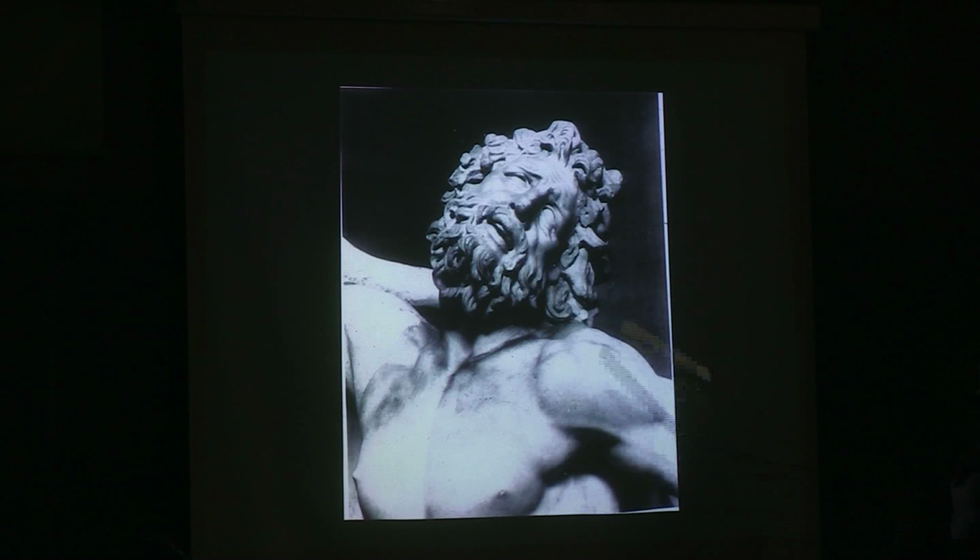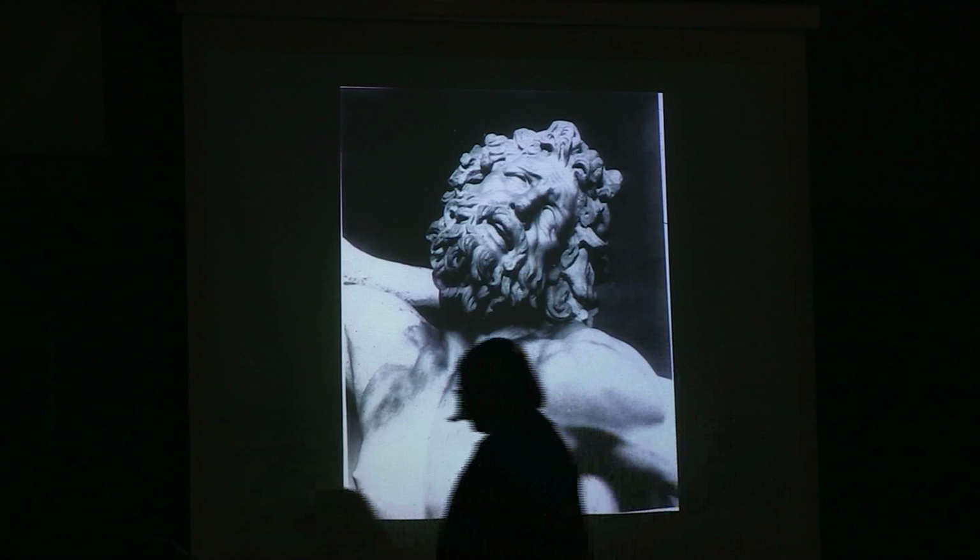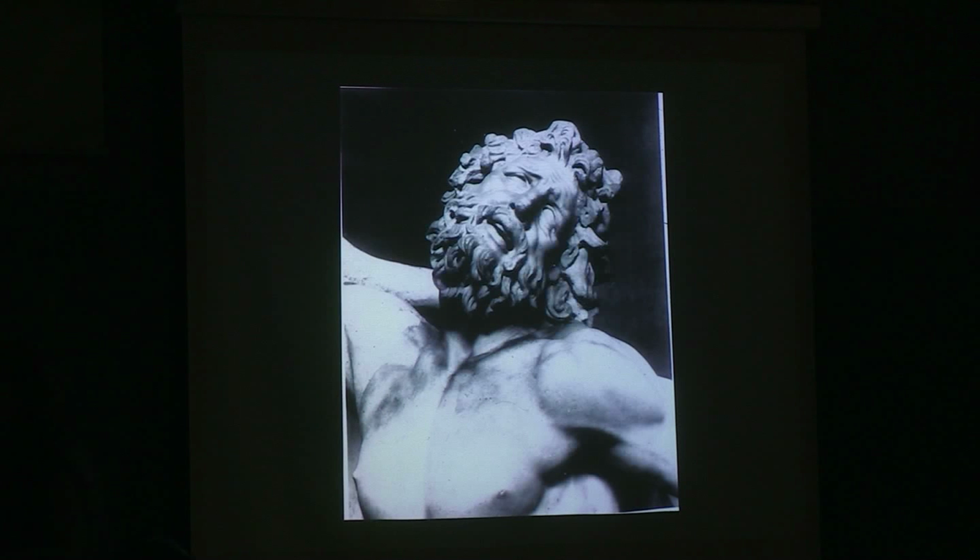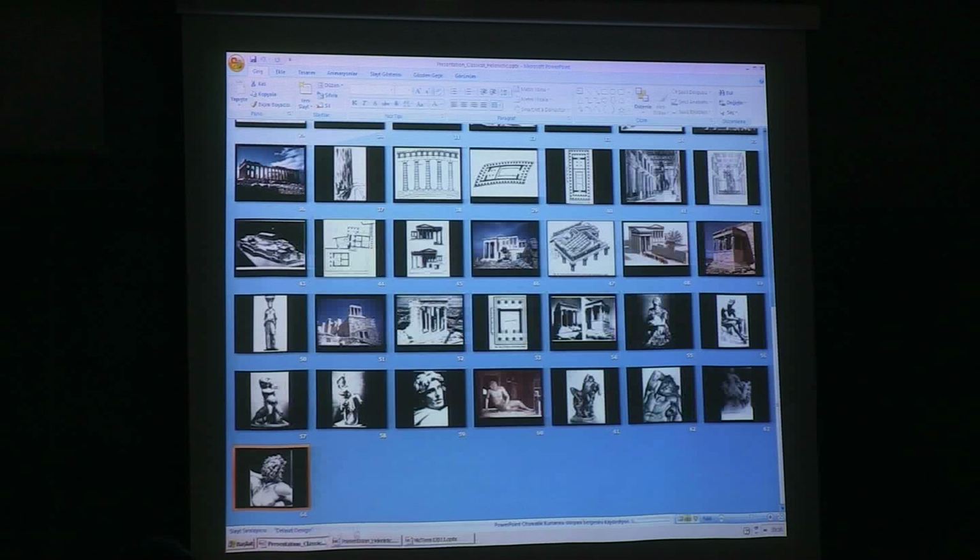And the height of the emotion can be seen in the chiseled hair, the disheveled beard here, the knitted brows, the worried forehead, the mouth, and so you have the theatricality of the emotion here. So the Hellenistic period is a period of intense drama, which we see also in architecture.